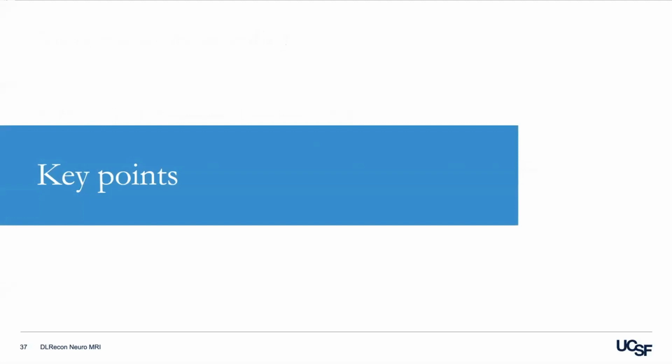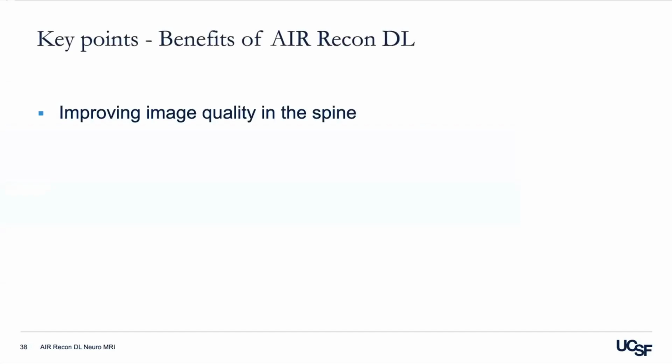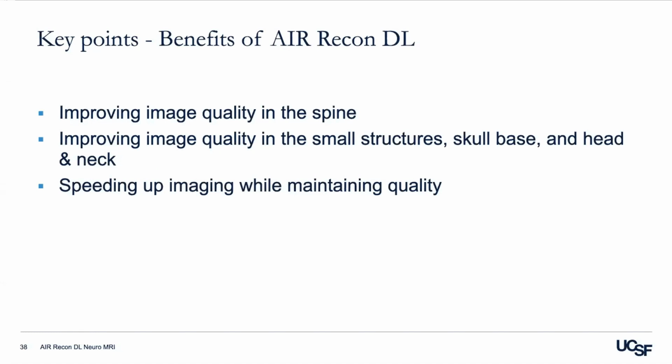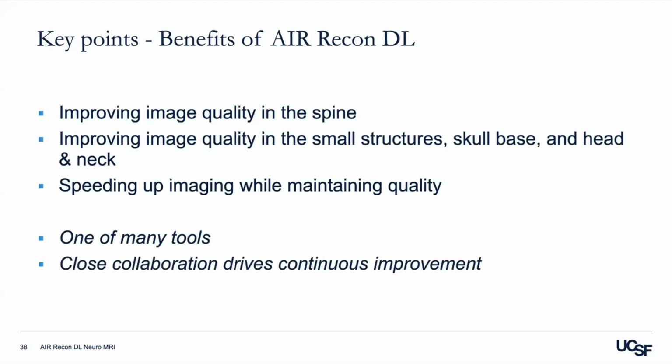So to summarize some of the key points, we went over improving image quality in the spine, improving image quality in small anatomy, skull base, head and neck, and how we can use this tool to speed up imaging while maintaining that image quality. As I noted, this is one of many tools, one that we can stack with several other potential tools that GE has on its scanners to really improve patient image quality.